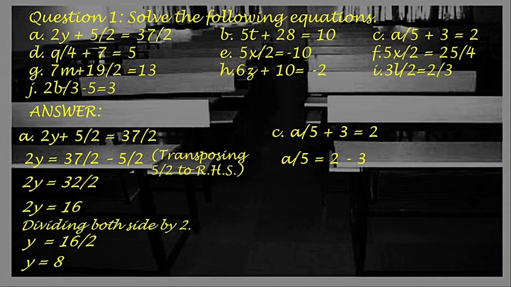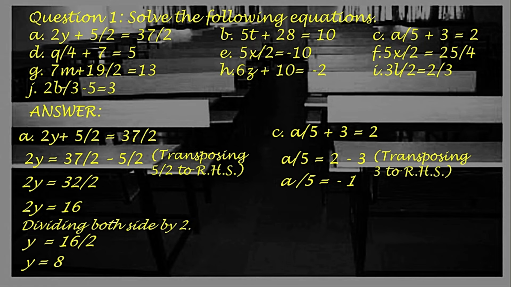Why? Transposing 3 to the right hand side. Now what we get here is a upon 5 equals minus 1. Then we have a upon 5, which means divide, and the opposite of divide is multiply.